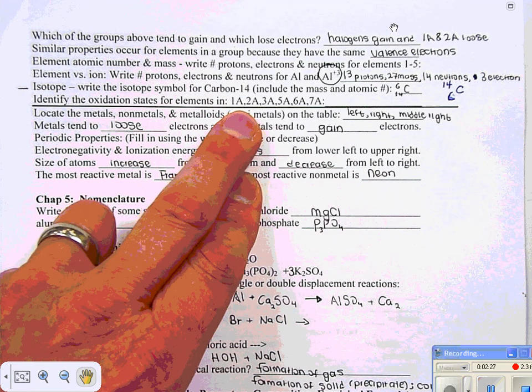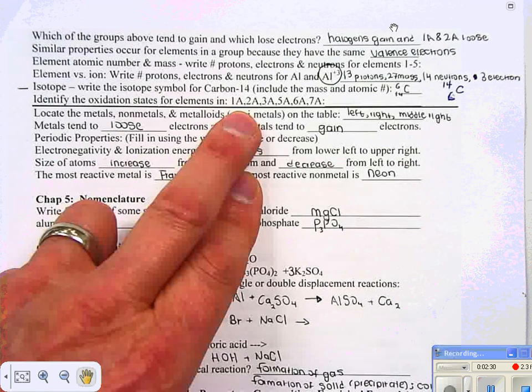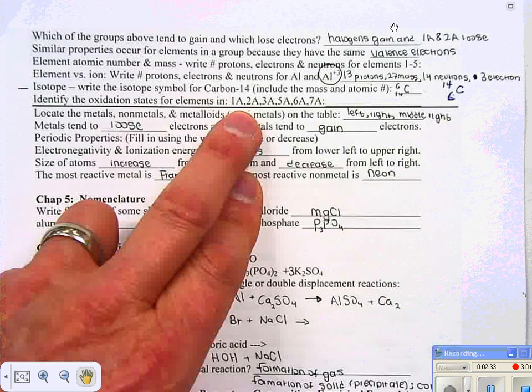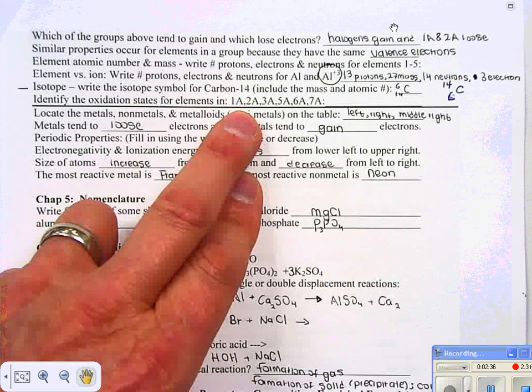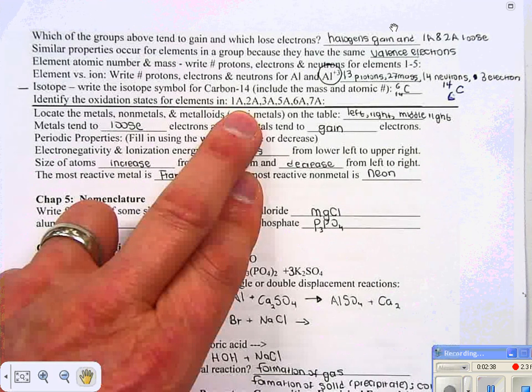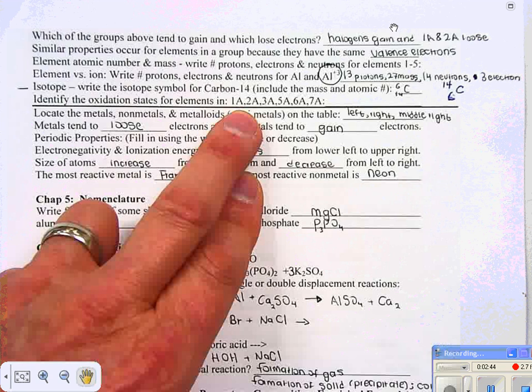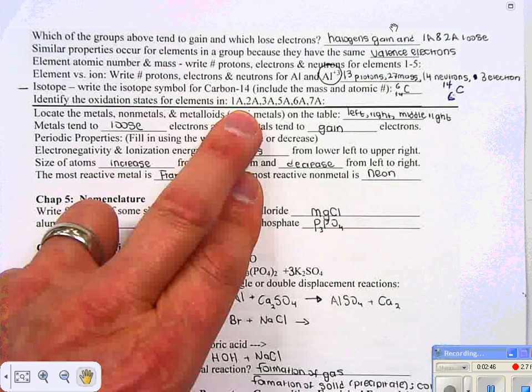Okay, 1A is, if you'll open up the inside back cover of your textbooks, you're going to see what state each of those elements is in. Inside back cover. Back cover. That's the front.